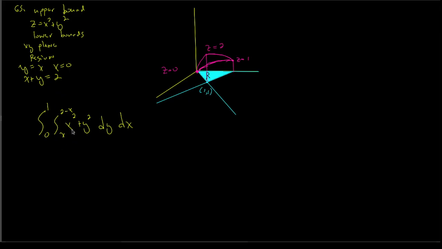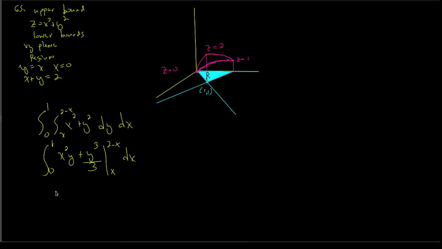So it's not a bad integral to move through. We've got our boundaries in y, and then our boundaries in x. So we'll integrate in terms of y first, and we'll evaluate that from x to 2 minus x, dx from 0 to 1.